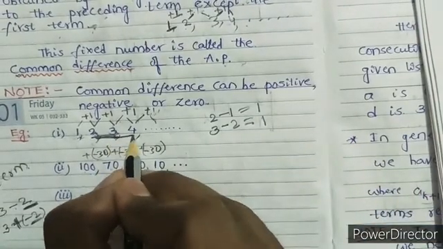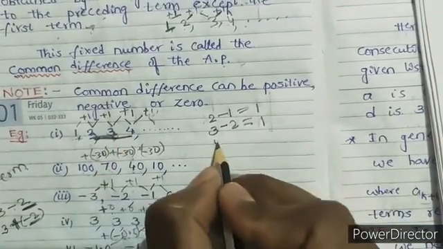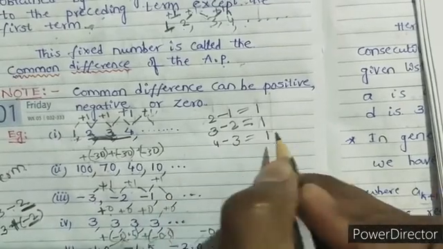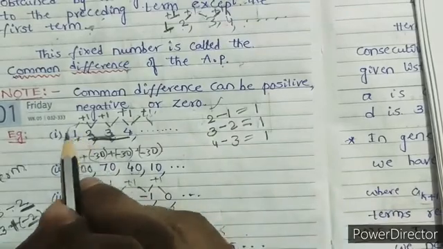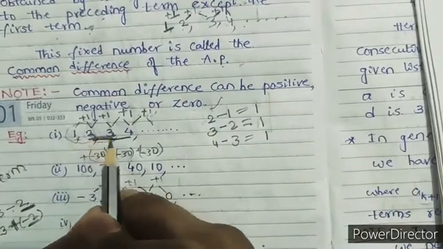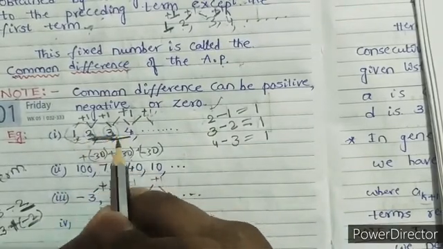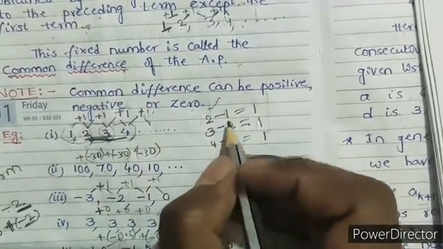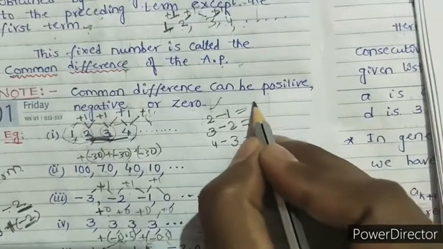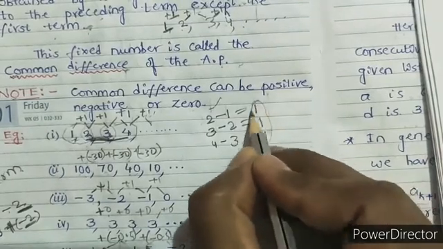You take 3, 4. 4 minus 3 will give you 1. So we are finding the difference between consecutive terms. These two are consecutive, these two are consecutive, and these two are consecutive. Everywhere we are finding the difference between consecutive numbers and we are getting the same difference.